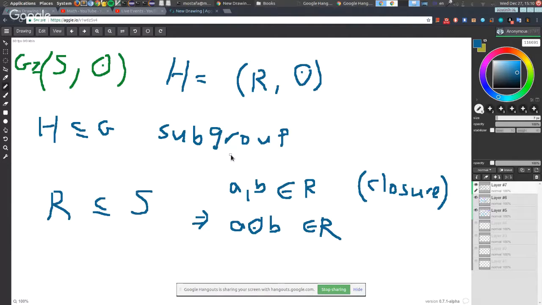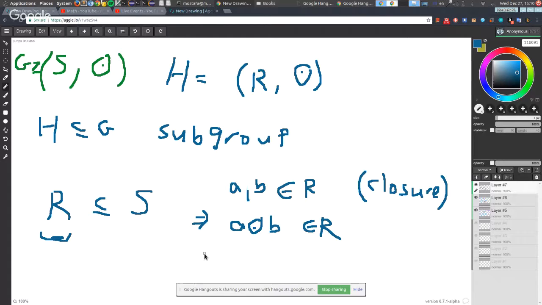So whenever we take any elements from this group or from this set and apply the operator, we still get an element in the same set, so we don't get out of the set. That's why it's closed.